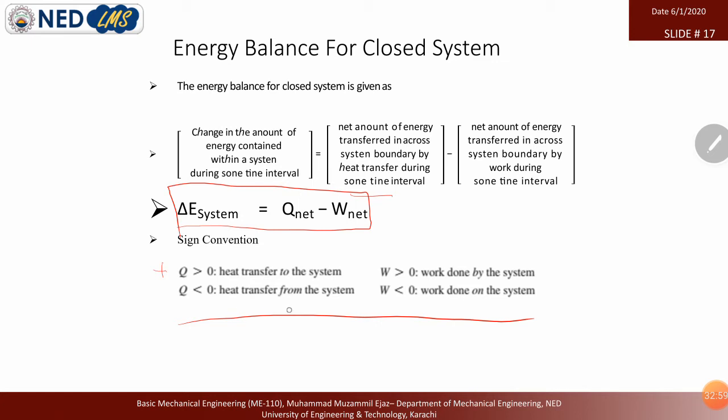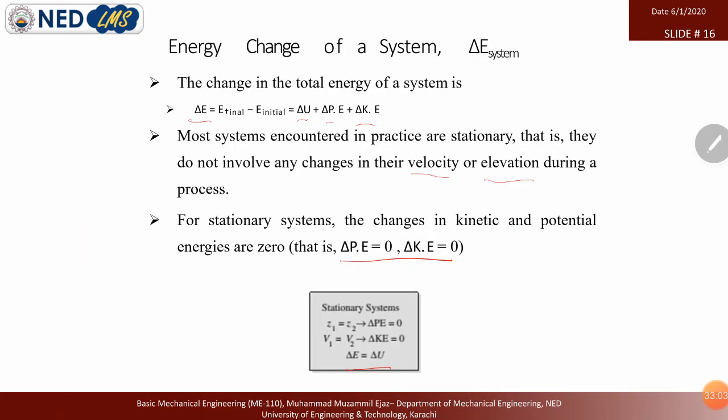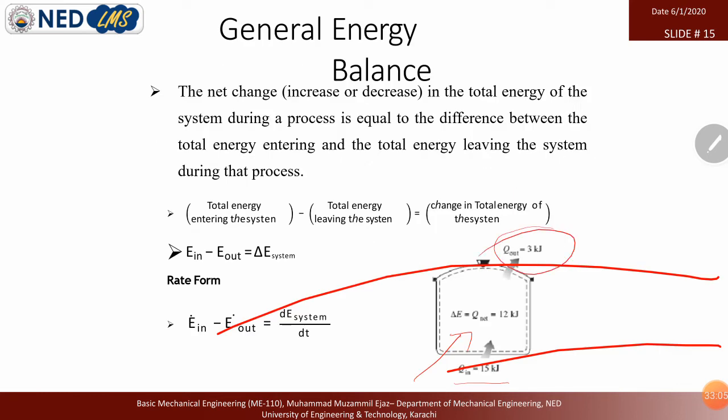And heat transfer from the system is an example of this: this is heat transfer from the system, this is heat transfer to the system. So we can correlate the idea. It will help you to remember this positive and negative sign.